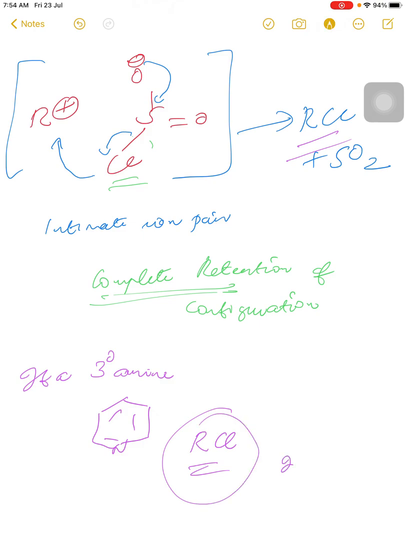RCl will undergo inversion of configuration if a tertiary amine is present. So, the mechanism happening is something different.